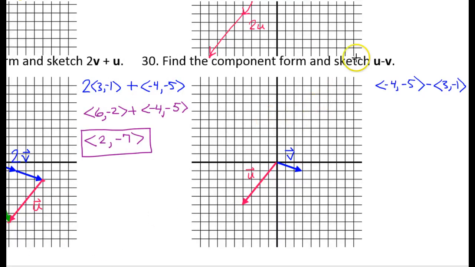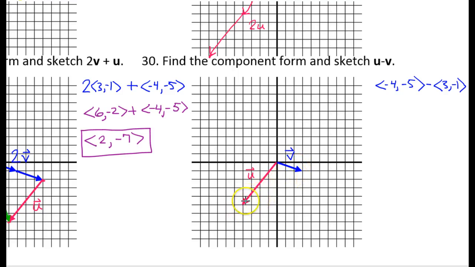For number 30, we need to sketch u minus v. So here's vector u and here's vector v. When you're subtracting, the easiest thing to do is to put them tail to tail. Then the resultant vector of u minus v will be across the ends from end to end of the vectors.